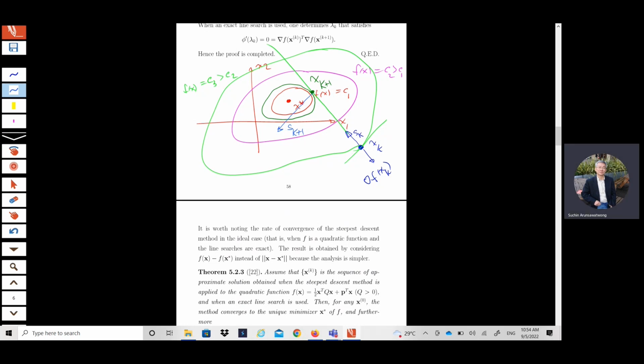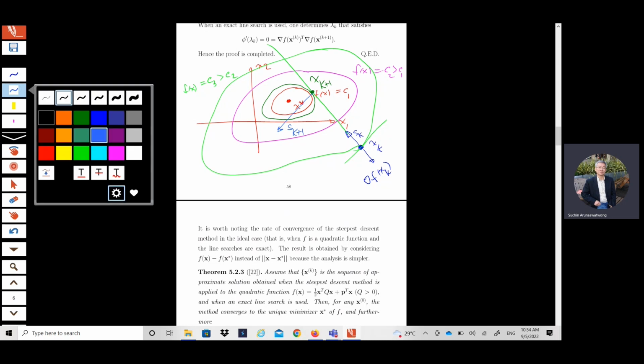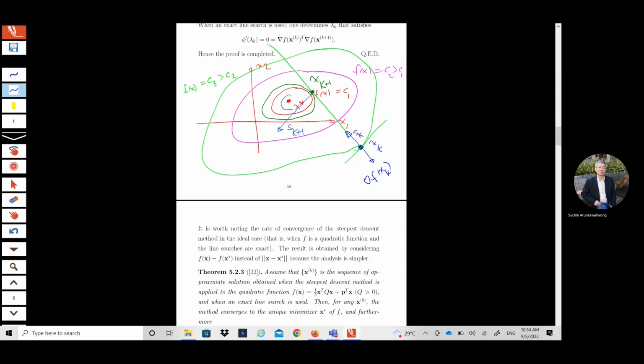At this point, what is the minimum? The minimum is where this direction becomes the tangent line and touches another level set, which is this one. So this is the vector xk plus 2.